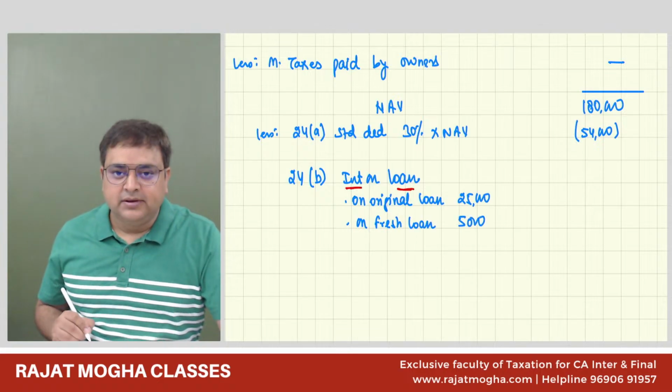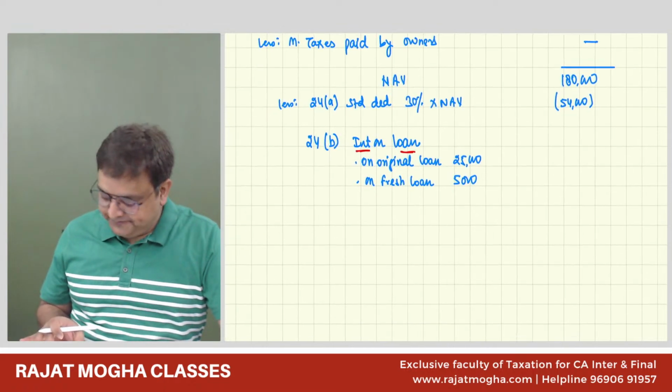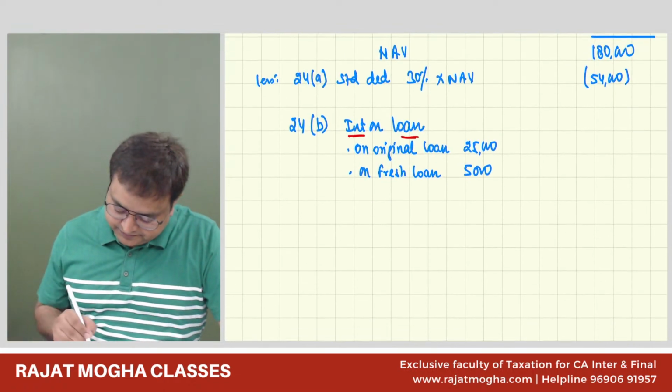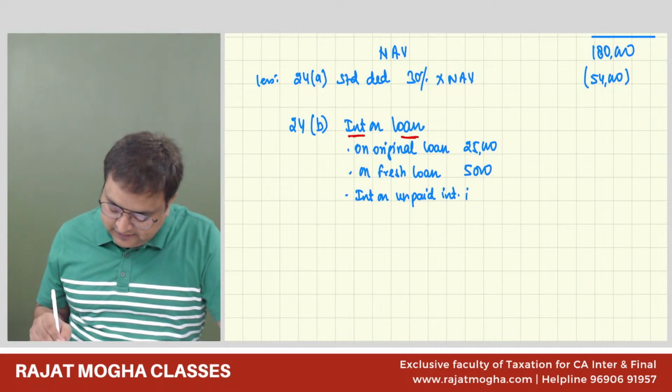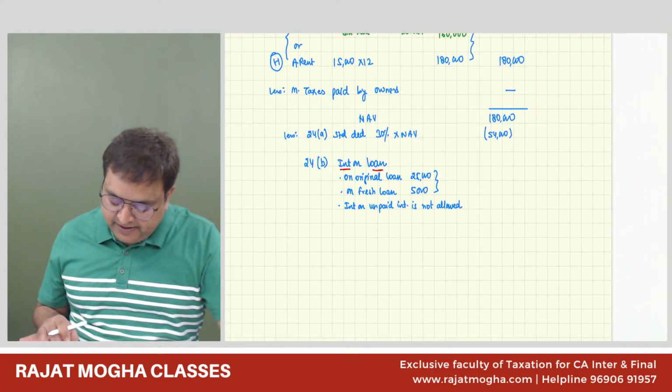And you have to mention this as well, that interest on unpaid interest is not allowed. So only 30,000 can be allowed over here.